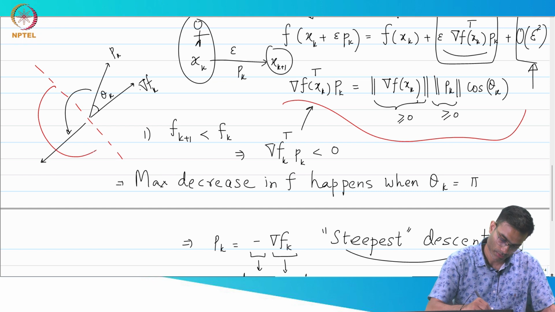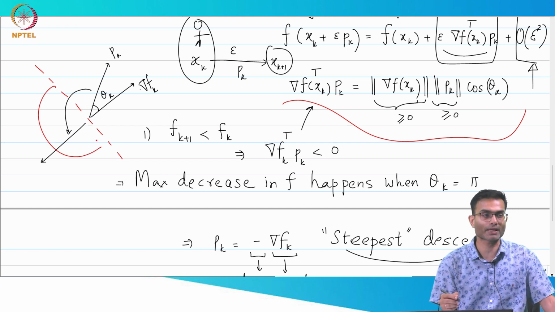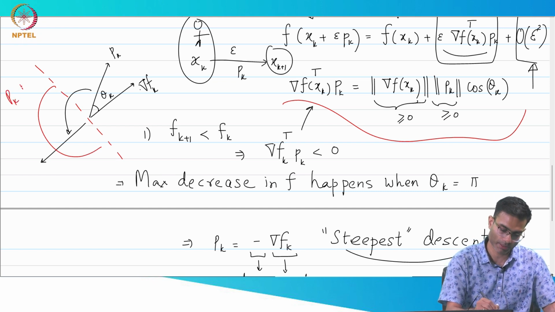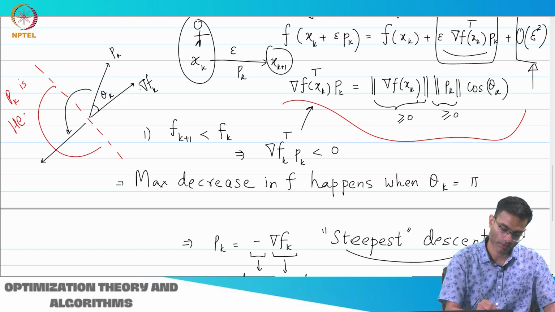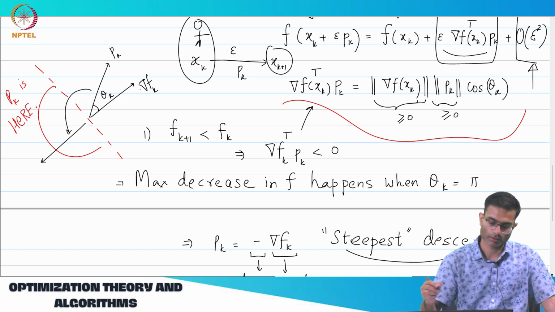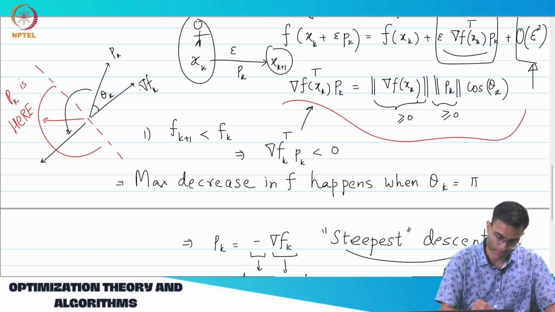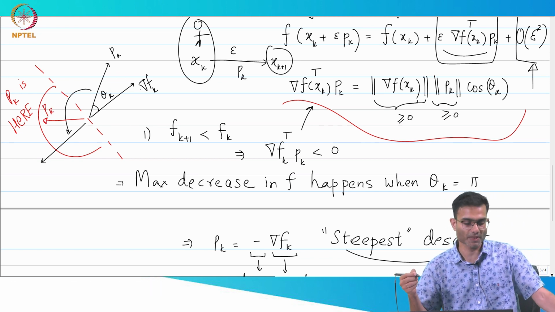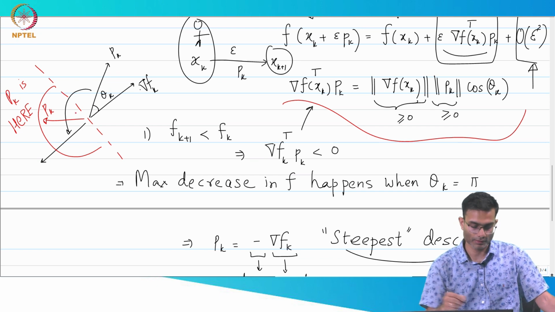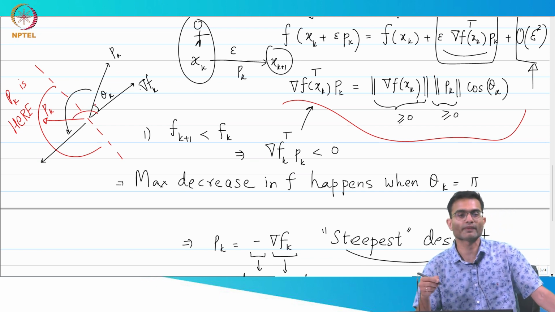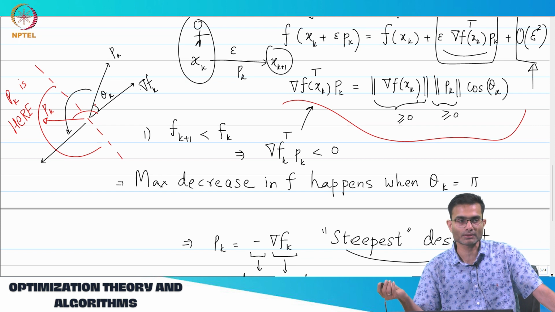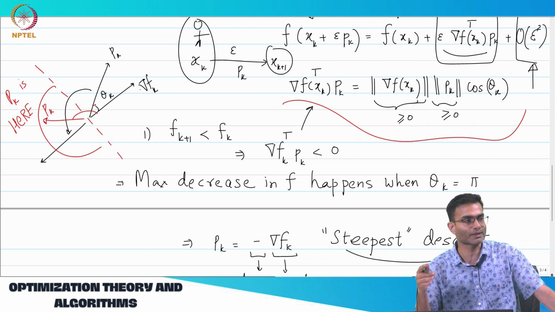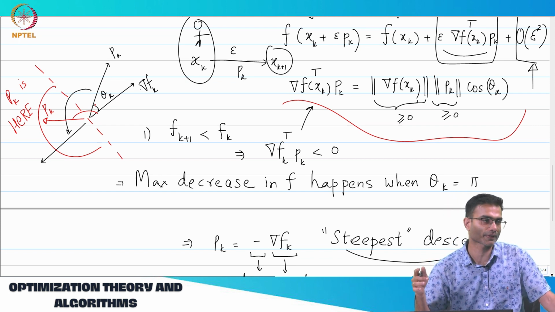As long as pk is here, right, so let's say this is my pk. This is all right, because pk dot grad fk, this angle over here, will always give me a cosine that is less than this. Therefore, f of xk plus 1 will always be less than f of xk.